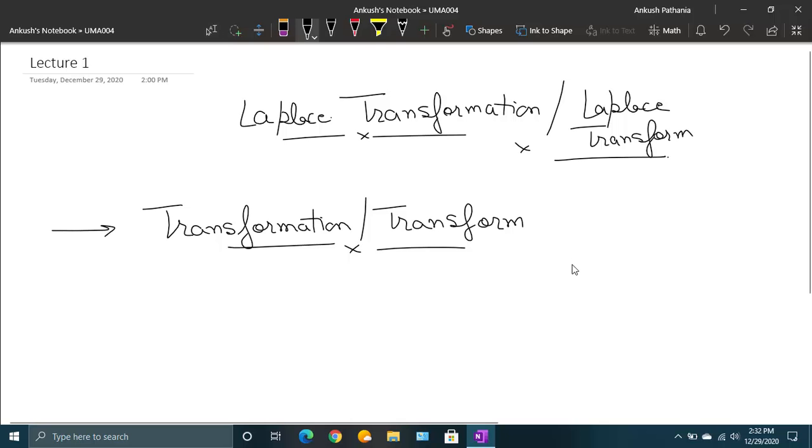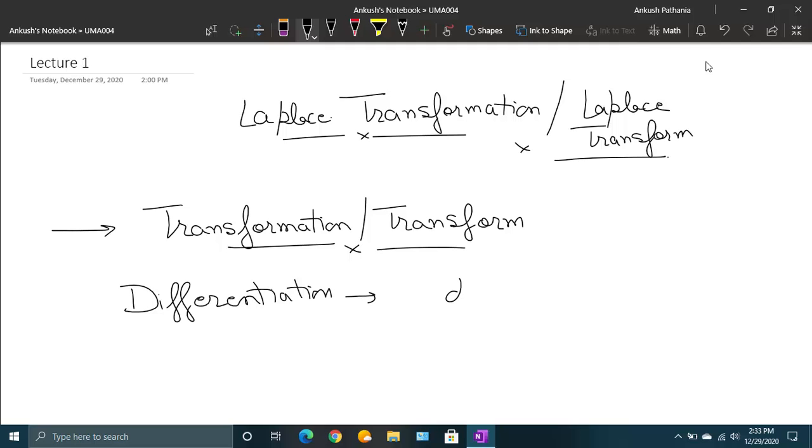You know very well that we have differentiation, the concept of derivatives. In differentiation, we have a function f(x) and we take its derivative and get f dash x.